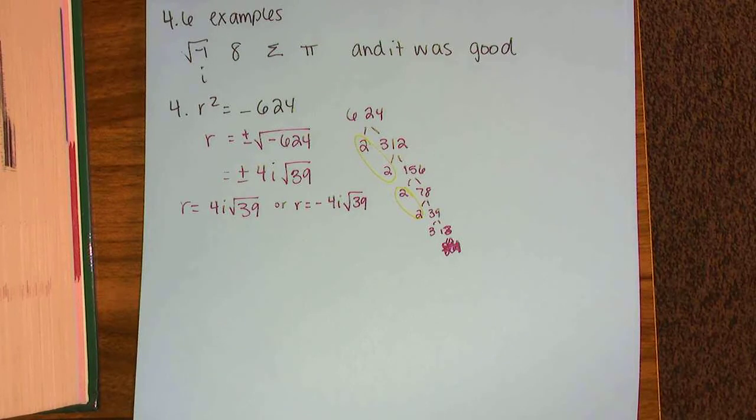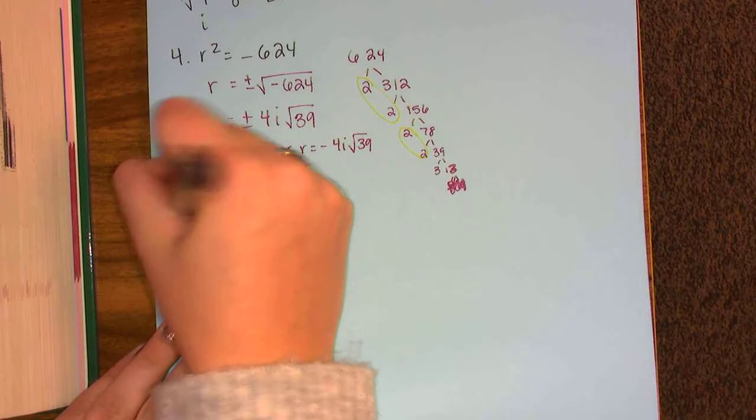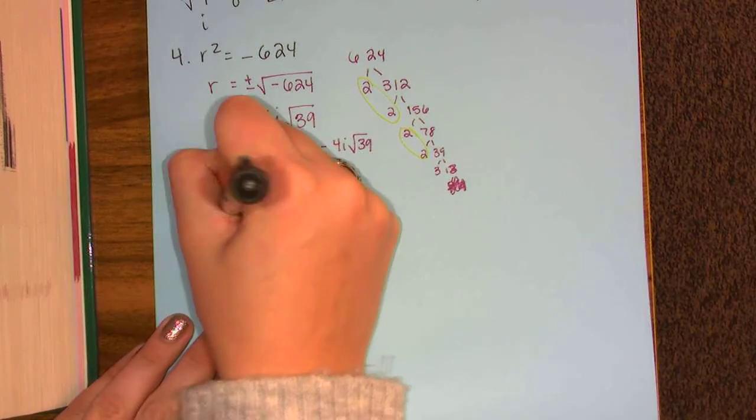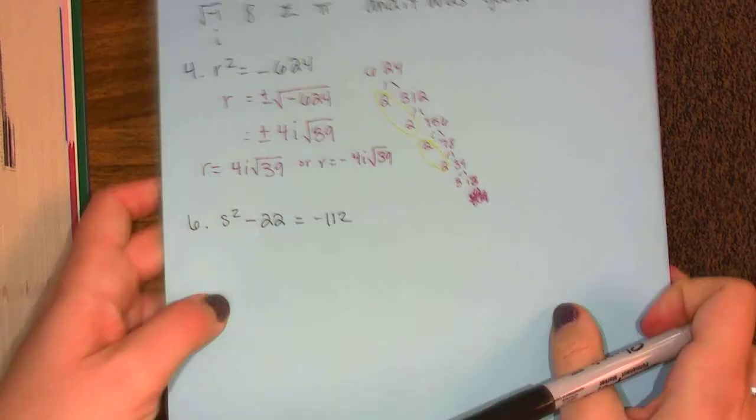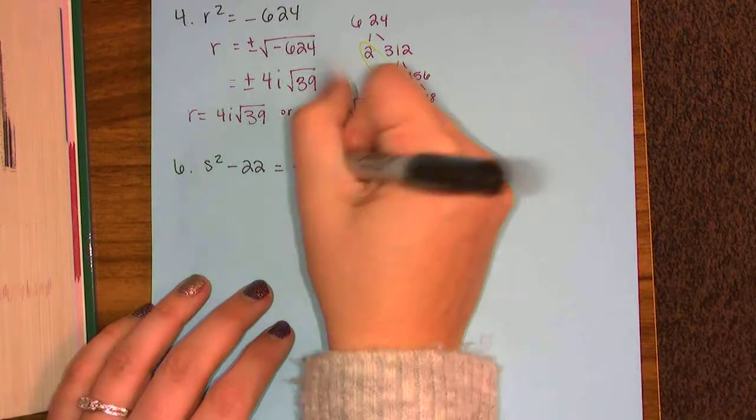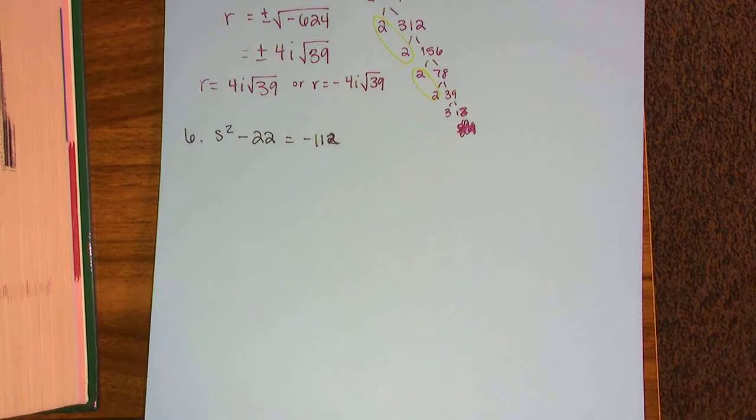Alright, let's do another one. 6. S squared minus 22 is equal to negative 112. Give me what?